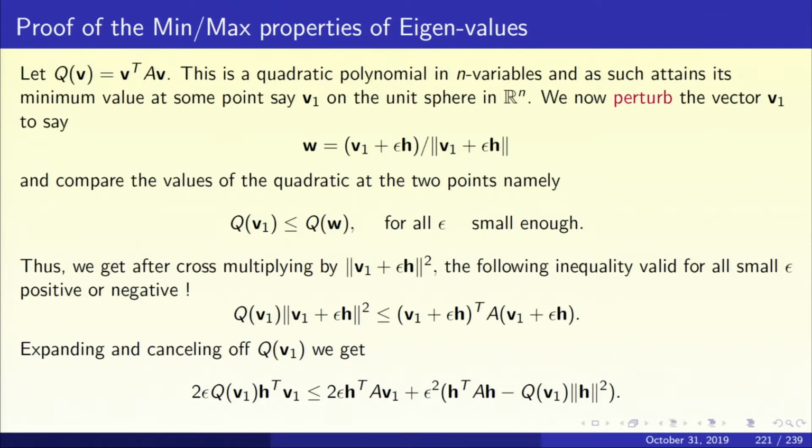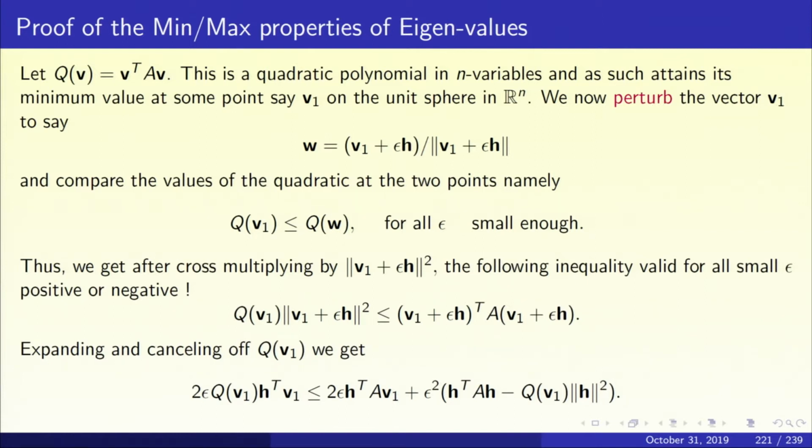But remember, V1 transpose A h is what? A h dot V1, or A h inner product with V1. Now, A is a real symmetric matrix. So A h inner product with V1 is the same as h inner product with A V1 by symmetry. It is here that the symmetry is being used.